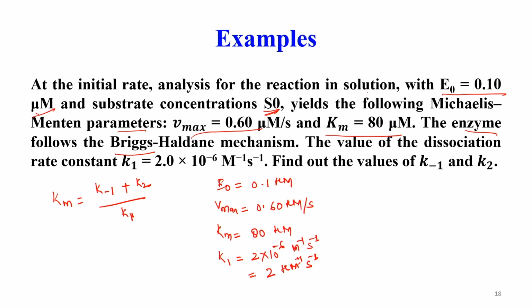Now, you have to find the values of K minus 1 and K2.